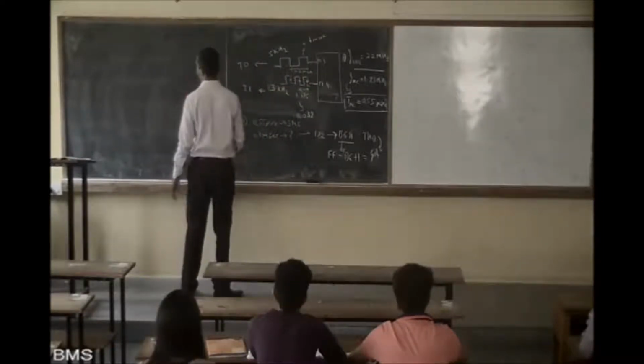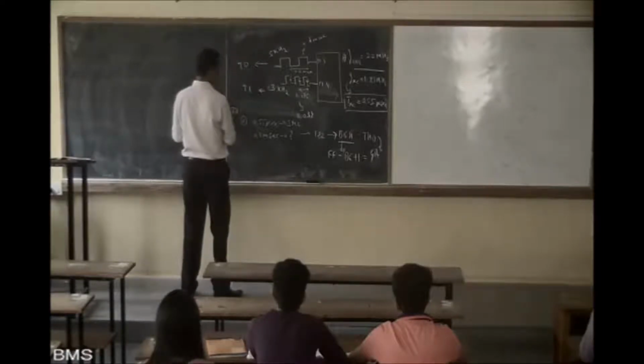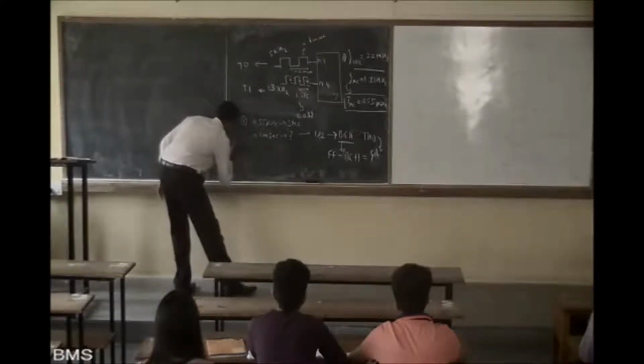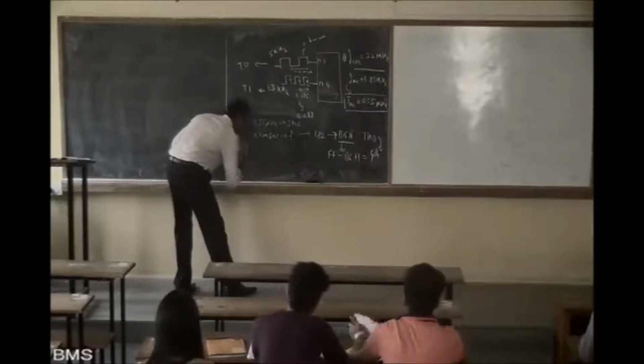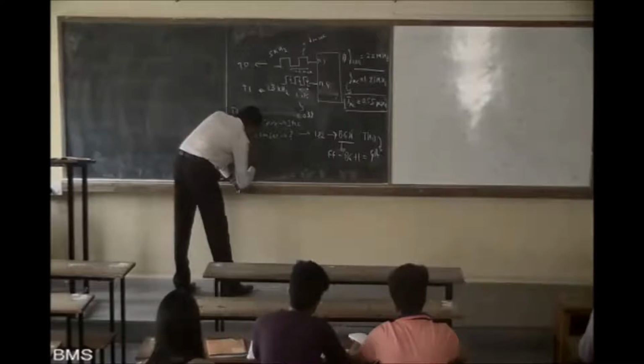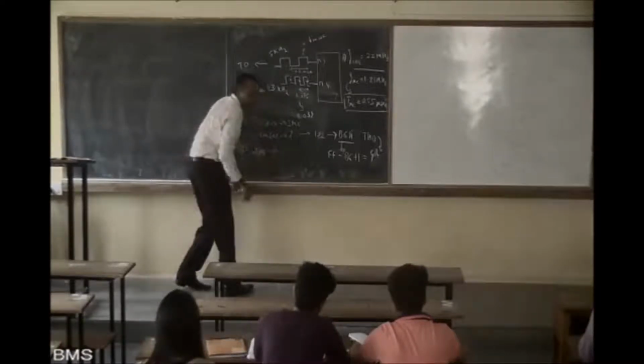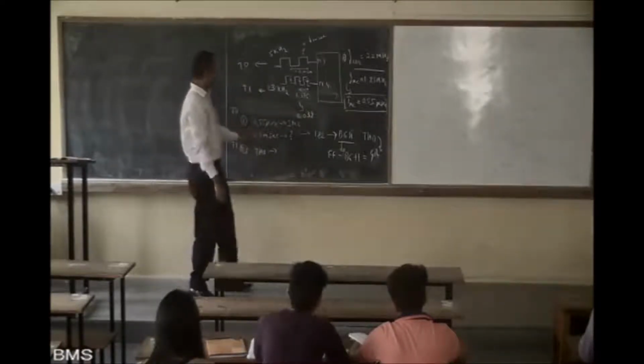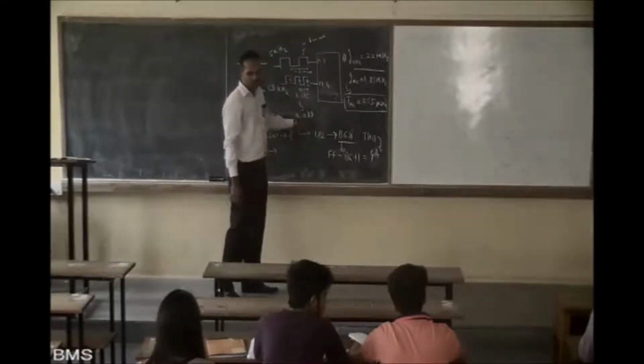Similarly for timer 1, quickly. I am not going to write anything here. You should tell me what is the value of timer 1, TH1, directly. Same procedure. In here it is 0.038.